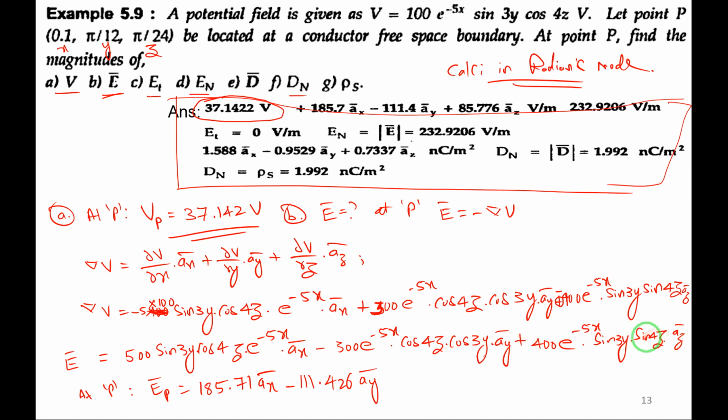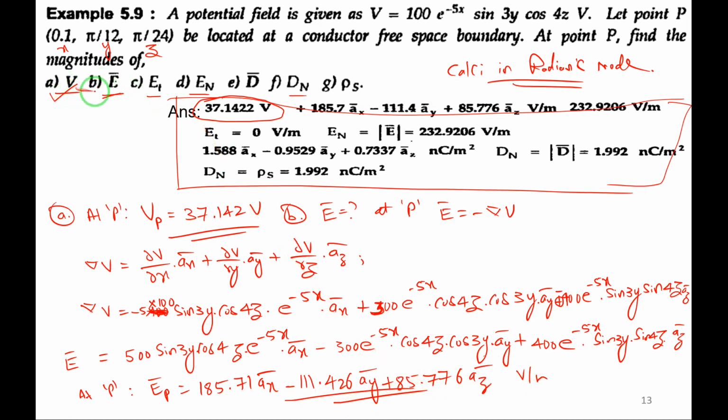Next sine 4z, sine of 4 into z, z is pi by 24, pi divided by 24. So I am getting this as 85.776 az volt per meter. Just verify this. E vector at point P, this is over.